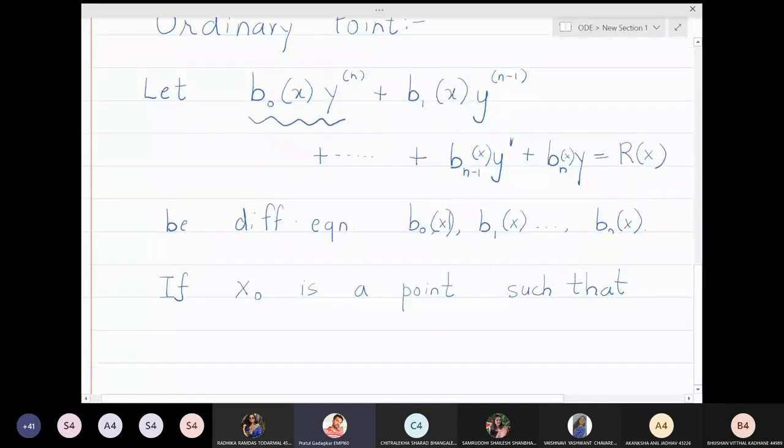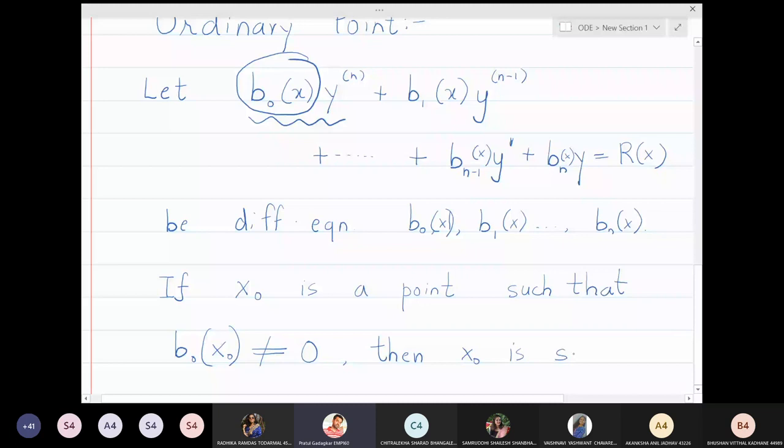If x naught is a point such that when I substitute x naught in the first function, it is not equal to 0, meaning x naught is not a root of this particular coefficient b naught x, then x naught is said to be an ordinary point.